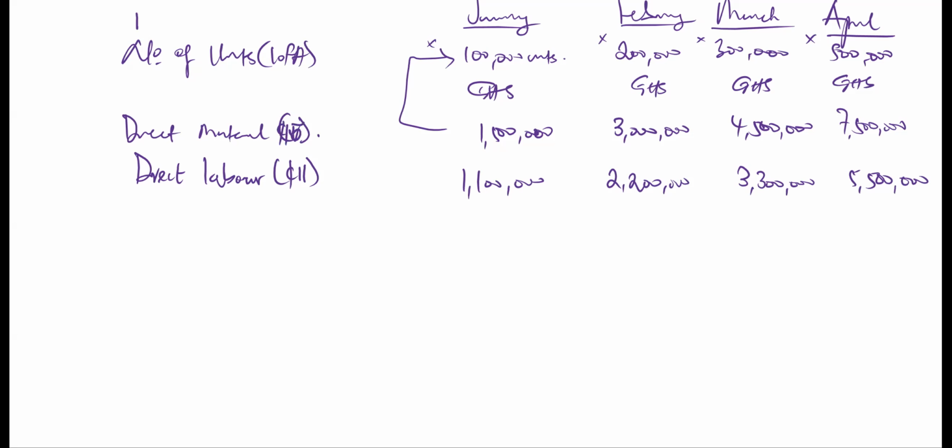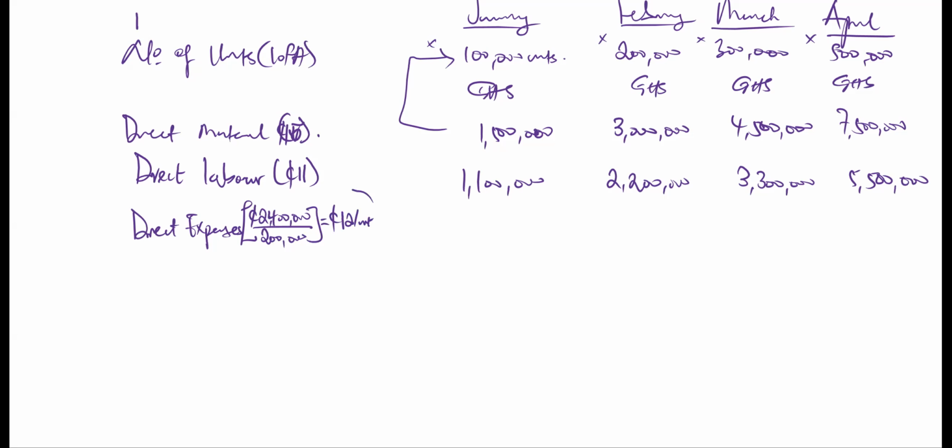Then what were the direct expenses? Let's just work it in the bracket. The figure was 2.4 million, incurred for 200,000 units. So direct expenses per unit is 12 cedis per unit.